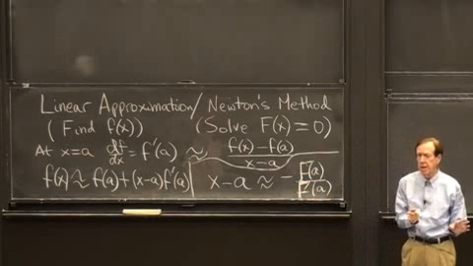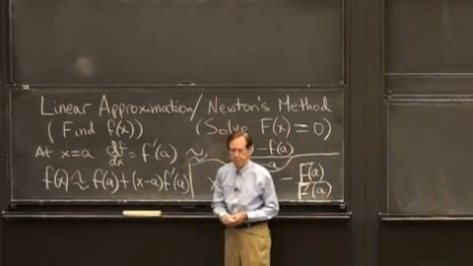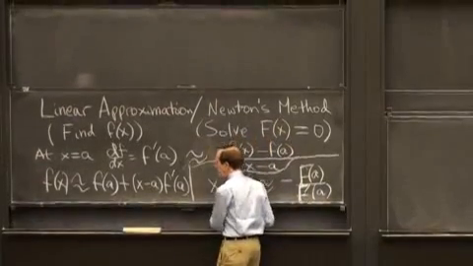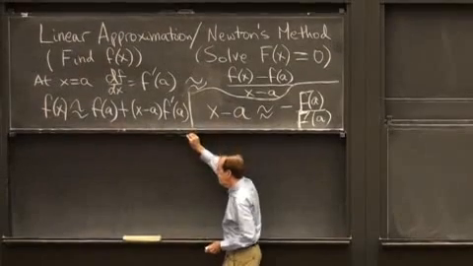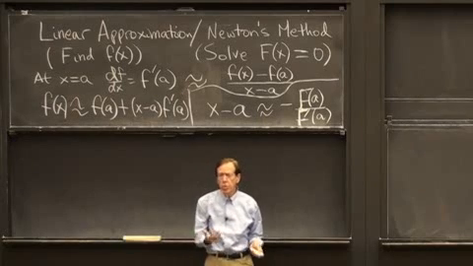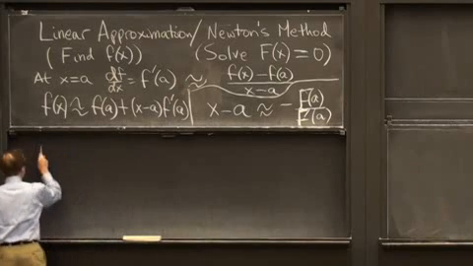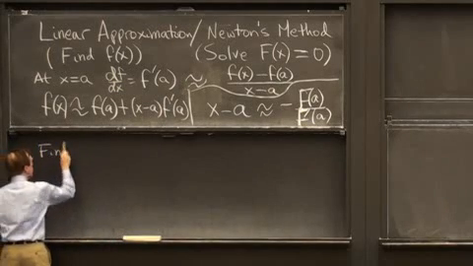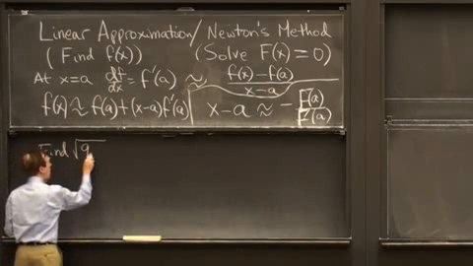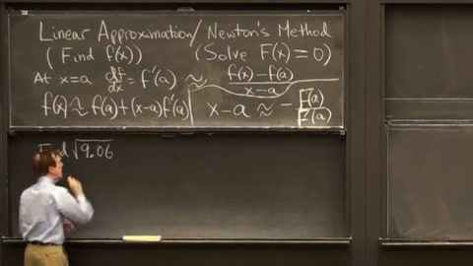So I'm ready for an example, starting with approximation. Here's my problem. Find the square root, or approximate square root, of 9.06. I'm going to shift away from 9 a little bit.